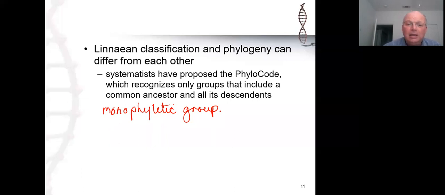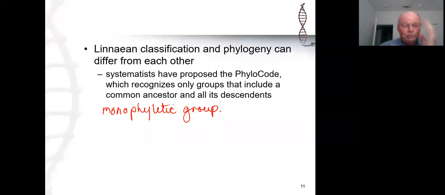You can't exclude some of the descendants. You can't exclude the common ancestor to all of the organisms in the group that you're trying to define under the phylo-code. That is the golden rule. That is the yardstick against which everything is measured.